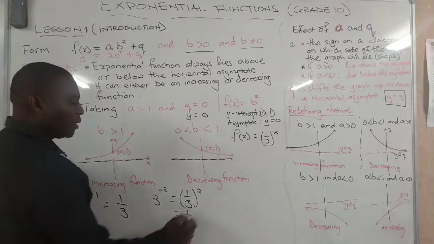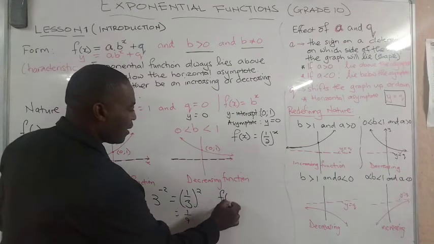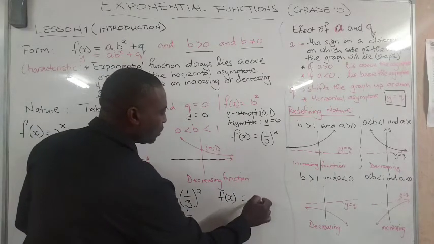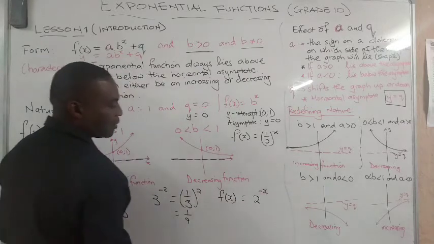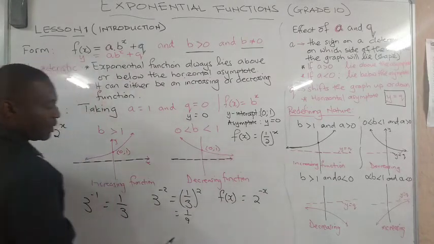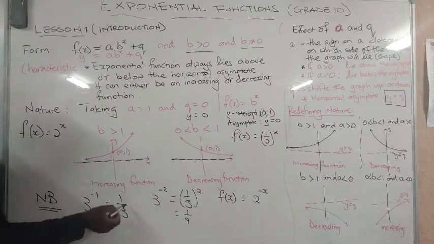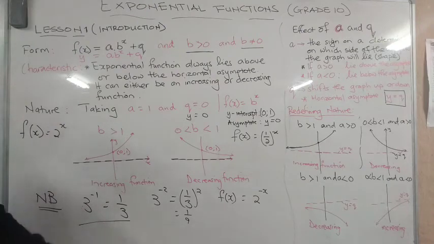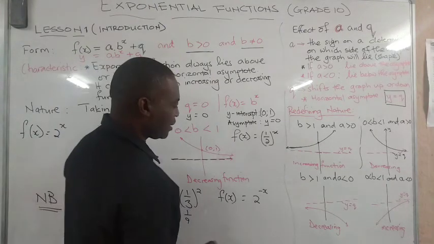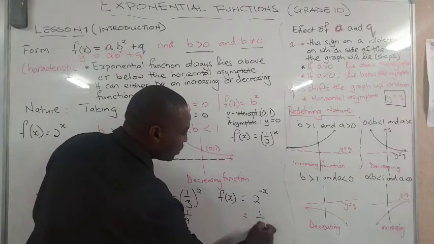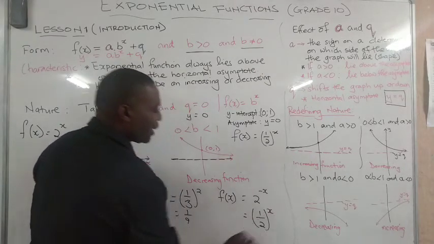So, when we see f of x being equal to 2 to the power negative x, we can write it in this form, just as 3 to the power negative 1 is 1 over 3. So 2 to the power negative x, we can write as 1 over 2 to the power x.